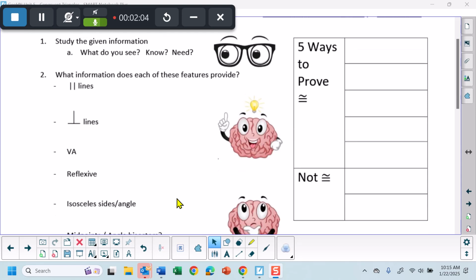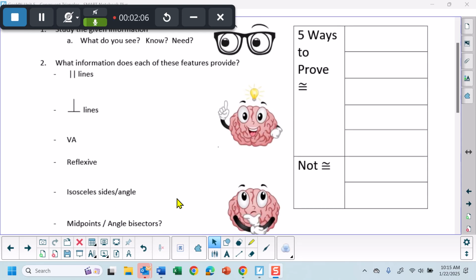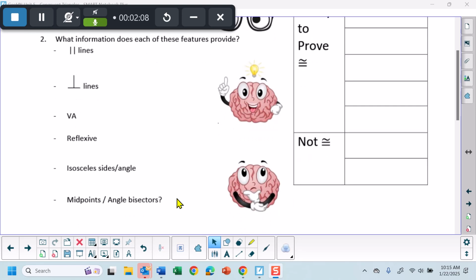When we talk about what information that each of these features provides, would you please, with your partner, take a minute and go ahead and look at parallel lines, perpendicular lines, vertical angles, the reflexive property, an isosceles triangle, midpoints and angle bisectors, and just brainstorm and take notes on what each of those topics will give you.